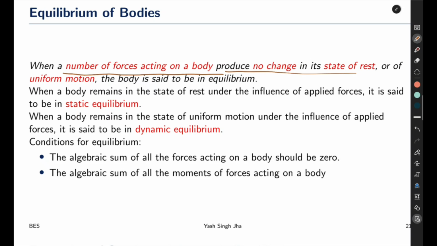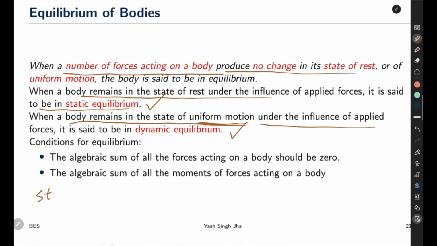First, static equilibrium, which means the body remains in a state of rest under the influence of applied forces. And dynamic equilibrium is when the body remains in a state of uniform motion under the influence of applied forces.